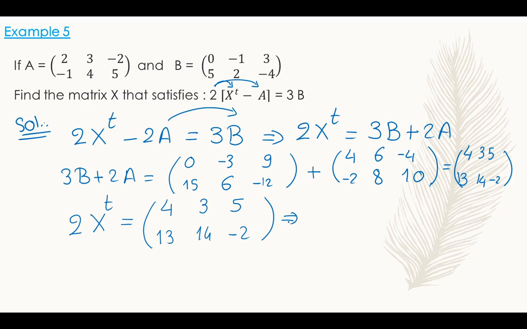So to find X transpose, we divide all the terms of this matrix by 2, or multiply by half. 4 divided by 2 is 2, then 3 over 2, 5 over 2, 13 over 2, 14 divided by 2 is 7, and negative 2 divided by 2 is negative 1.